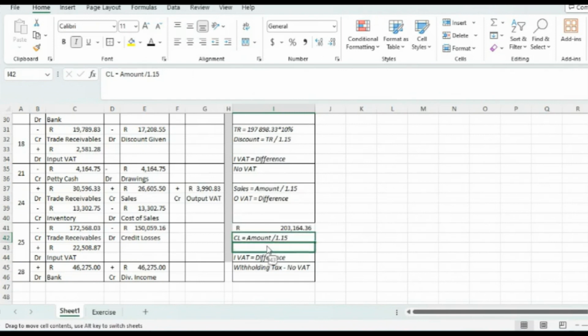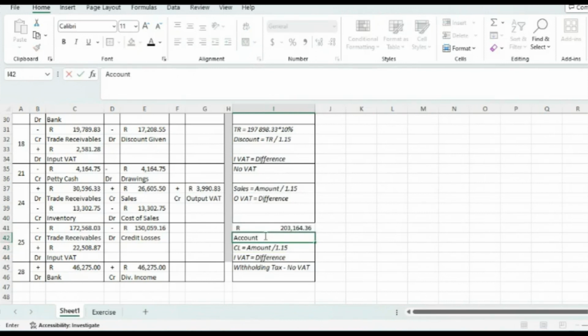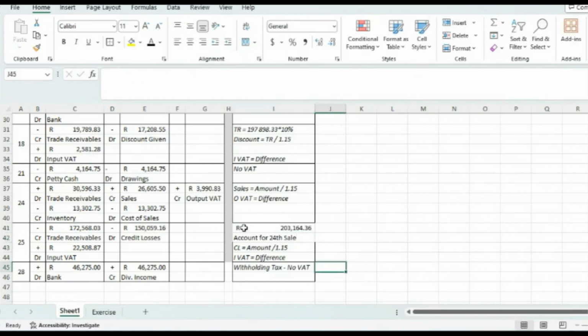And then I'm going to say account for 24th sale. Now, goodness, guys, if somebody does this to you, I hope that you go directly to the police, because surely if he makes this transaction here on the 24th, surely he knows that he's bankrupt. This guy is trying to steal from you. But now in any case, let's do that amount.